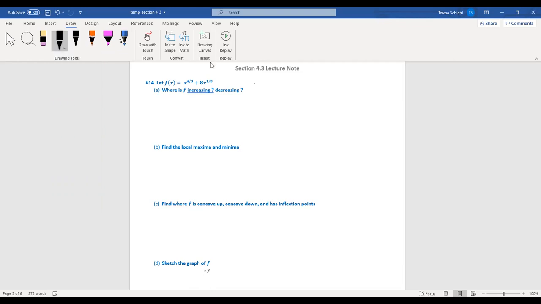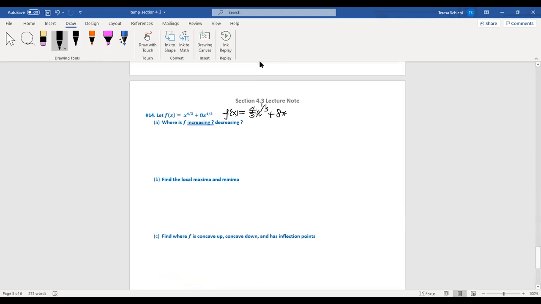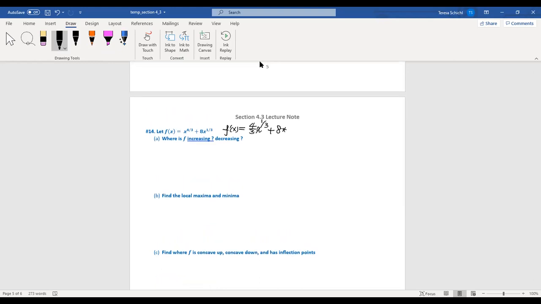So let's say f prime x. All right, so f prime x is 4/3 x to the 4/3 minus 1, so it's 1/3, right? Okay, and then plus a times what? And plus a times 1/3, okay?